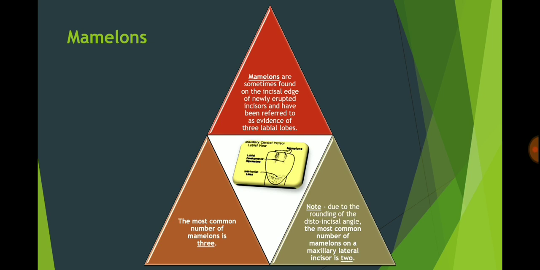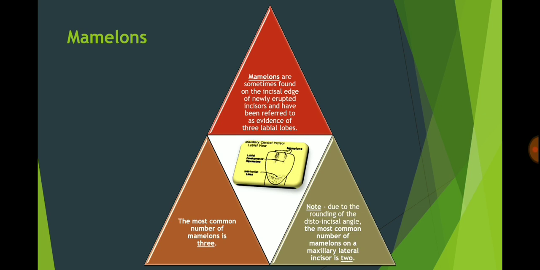Mamelons are sometimes found on the incisal edge of newly erupted teeth and have been referred to as evidence of 3 labial lobes. Remember, there are 3 labial lobes and 1 lingual lobe, which forms the cingulum. When those lobes come together, they form developmental depressions, which appear like mamelons.